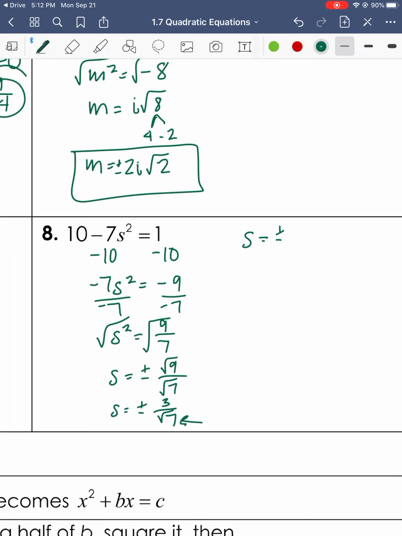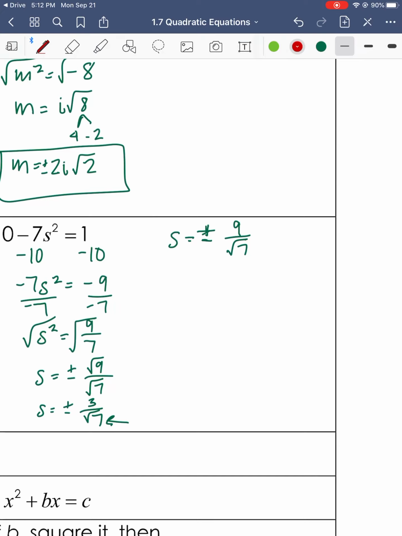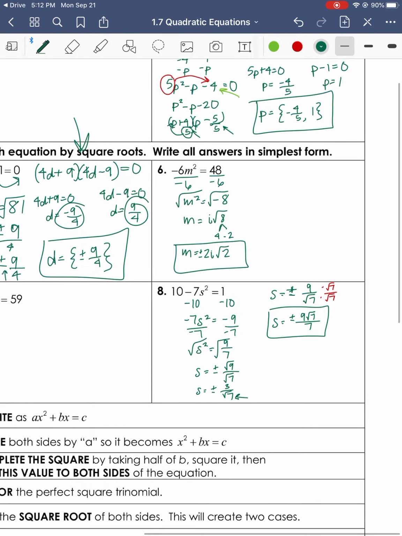I'm just rewriting s is equal to plus or minus 3 over root 7. We're going to multiply the numerator and the denominator by root 7 over root 7 to rationalize the denominator, because we can't leave our final answer with a radical in the denominator. So we get s is equal to plus or minus 3 root 7 over 7. That is our final answer there.